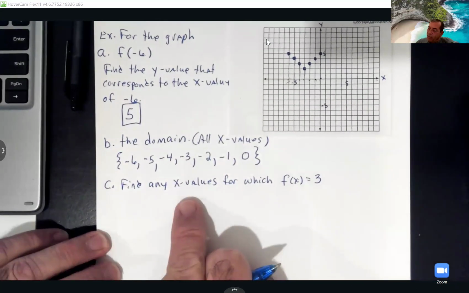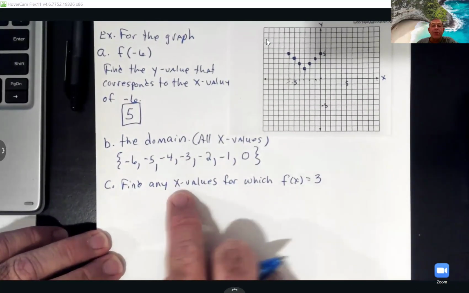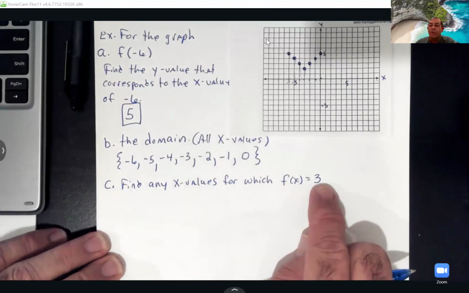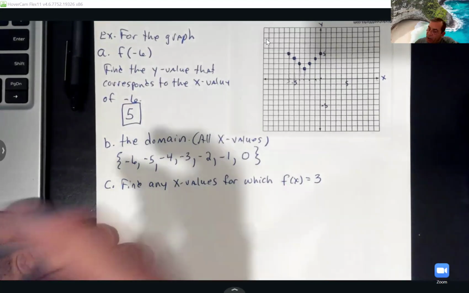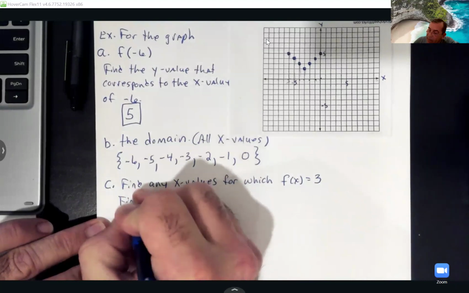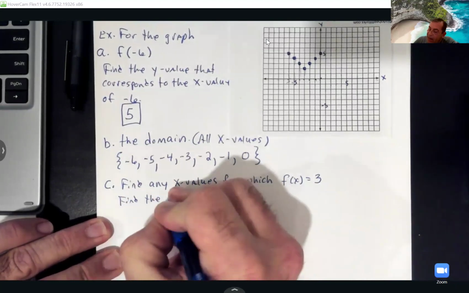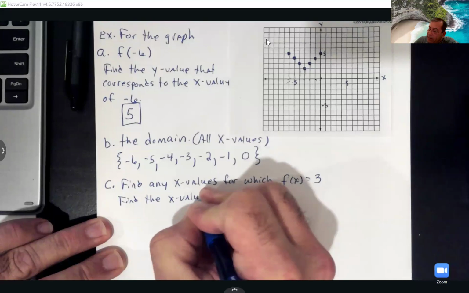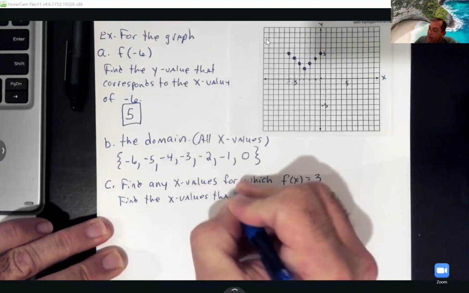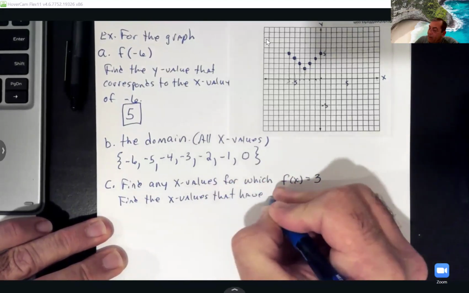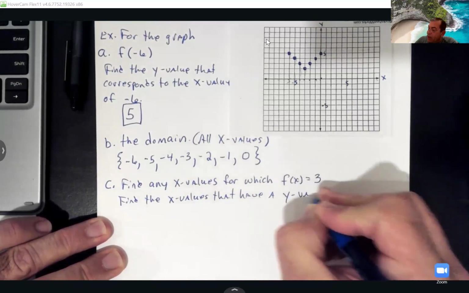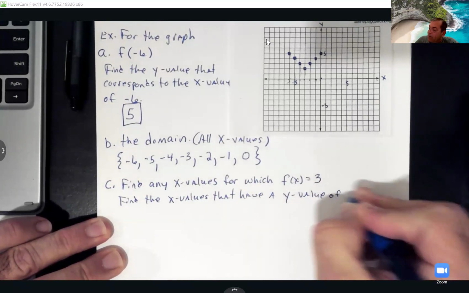So y'all, for this one, I'm looking for x values for which f of x equals 3. So what they want me to do is find the x values that have a y value of 3.